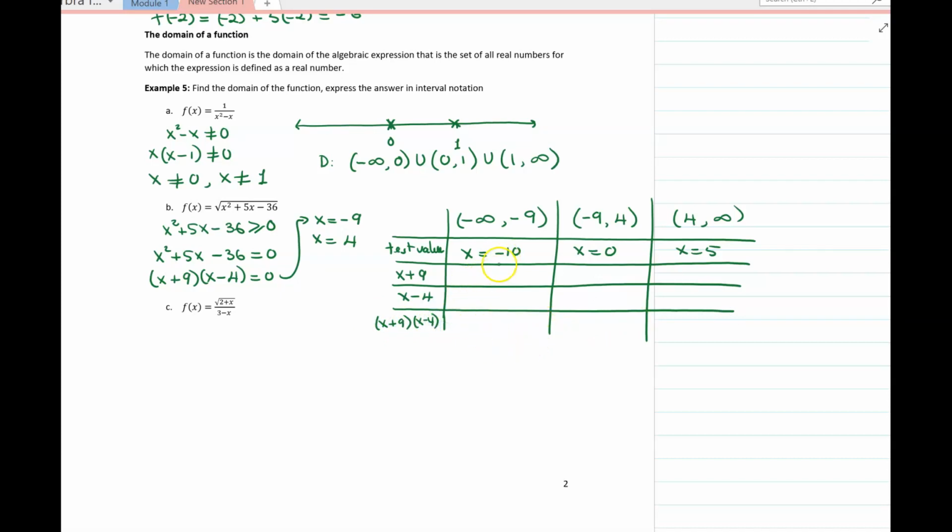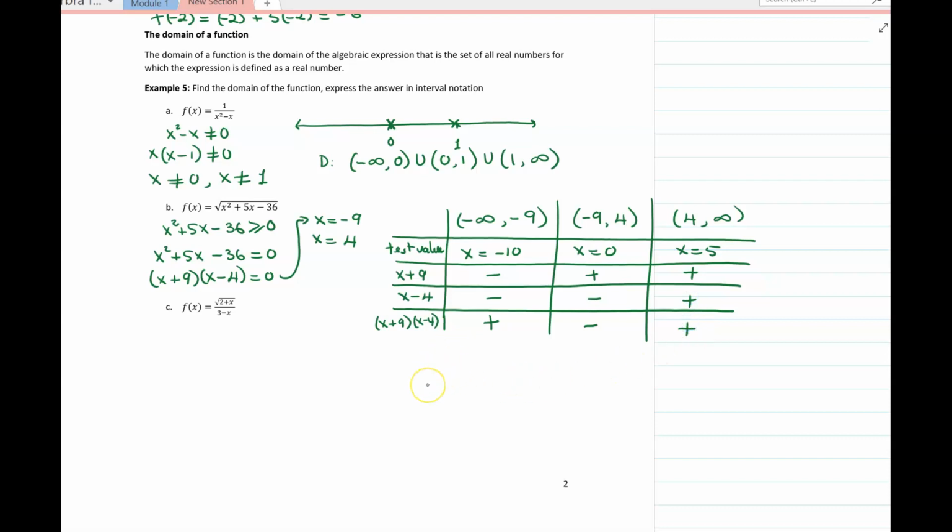In the first interval, from negative infinity to negative 9, if we choose x equal to negative 10, which is in the interval, the first factor, x plus 9, is negative, x minus 4 is negative, so the result is positive. The next one: positive, negative, negative; the last: positive, positive, positive.